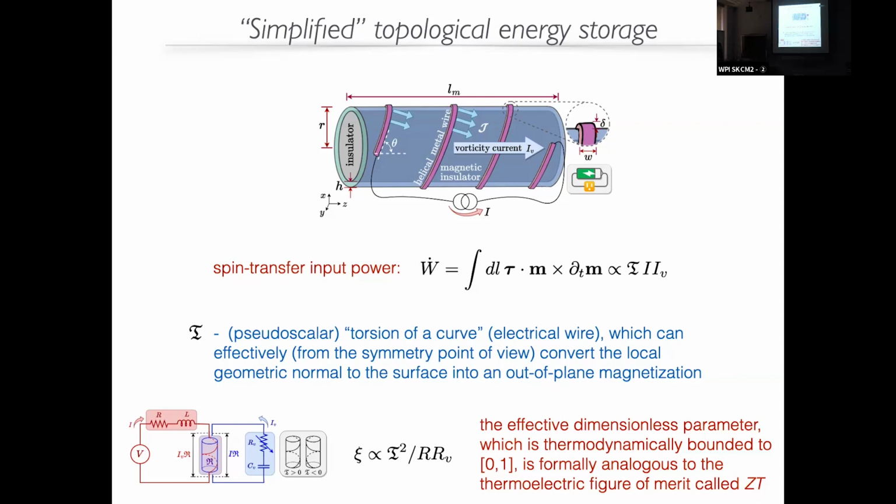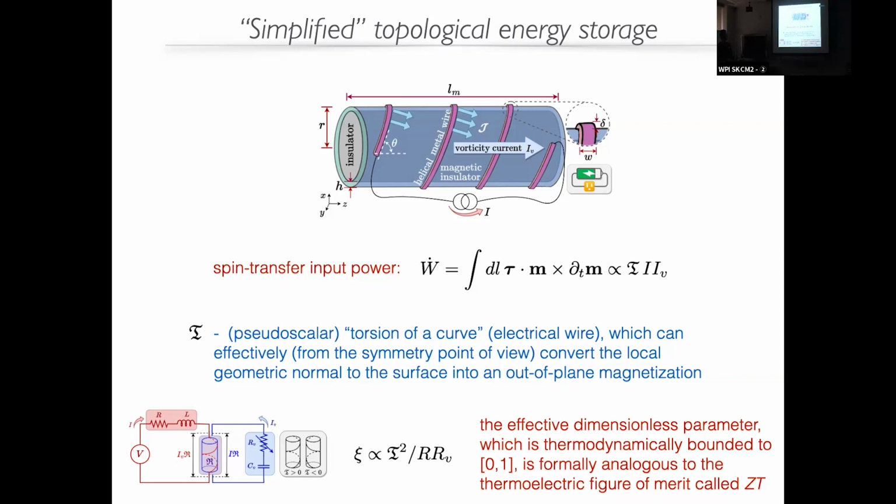It turns out the effective coupling between electrical current and vortex current, in this curvilinear structure, is proportional to the torsion of the curve. So this calligraphic R is proportional to this geometrical object, and that gives us a geometrical handle on the physics. Finally, the thermodynamic efficiency of the energy interconversion between the two circuits is parameterized in this fashion.